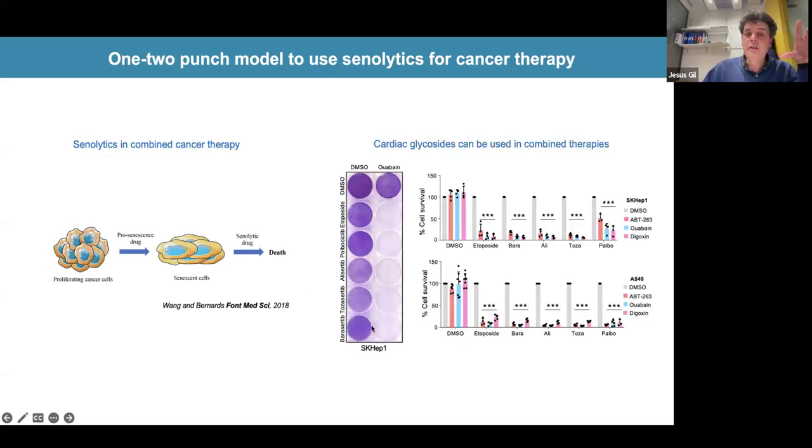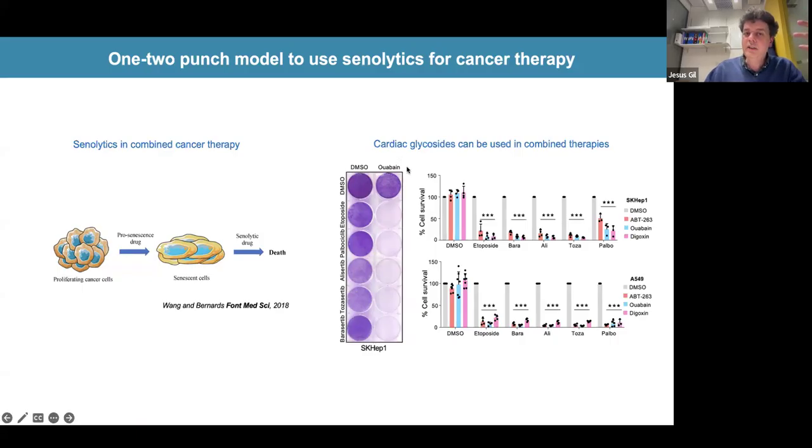So this is a hepatocellular carcinoma cell line. We treat with etoposide, which is a kind of chemotherapy, palbociclib, which is used as a CDK4/6 inhibitor in breast cancer tumors, or an aurora kinase inhibitor. All of these cause senescence and arrest these cancer cells, but the cancer cells are still there and potentially they can escape.